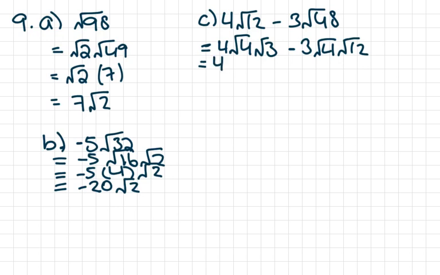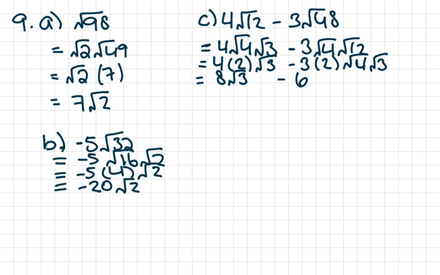So now I'm left with 4 times the square root of 4, which is 2, times root 3, minus 3 times the square root of 4, which is 2 again, and then I'm going to break down root 12 again into root 4 root 3. Now I'm left with 8 root 3 minus 3 times 2 is 6, and then root 4 is 2 times root 3, equals 8 root 3 minus 12 root 3.